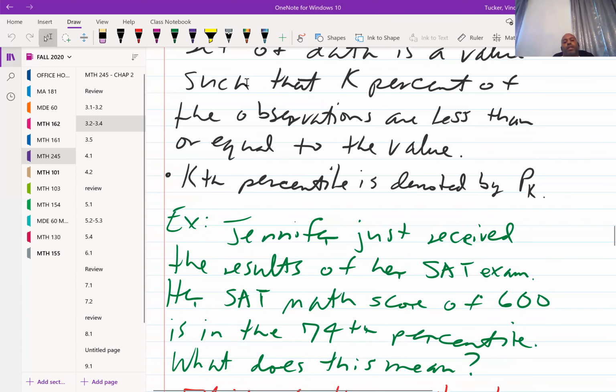All right, so let's look at an example that talks about what was said in the black. Jennifer just received the results of her SAT exam. Her SAT math score of 600 is in the 74th percentile. What does this mean?